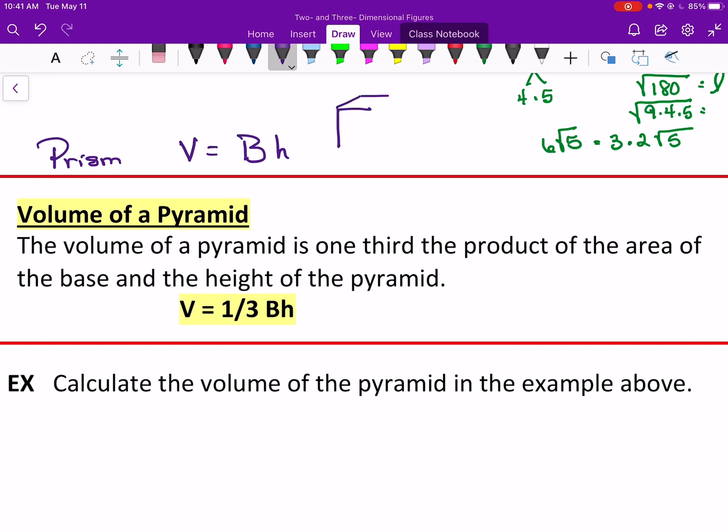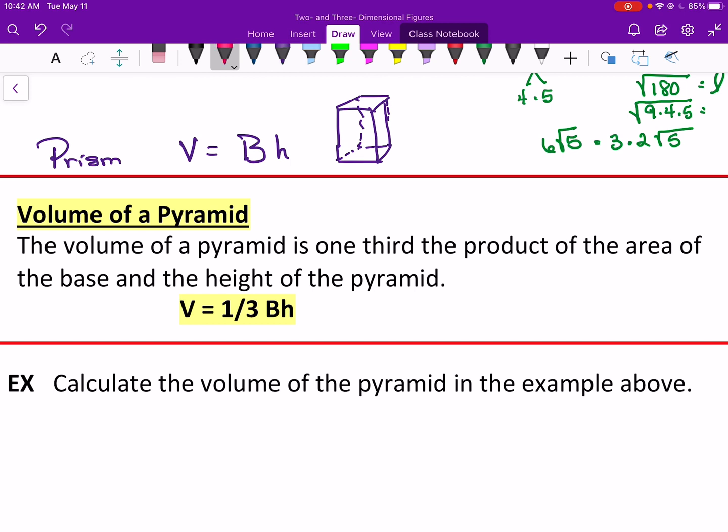If it's a square prism, rectangular prism, however you want to, depending on what the shape is. Let me make this a little bit better. I'm not going to be able to draw this really well, but it'll give us an idea. Okay, so there's our prism, and that's area of the base times the height.